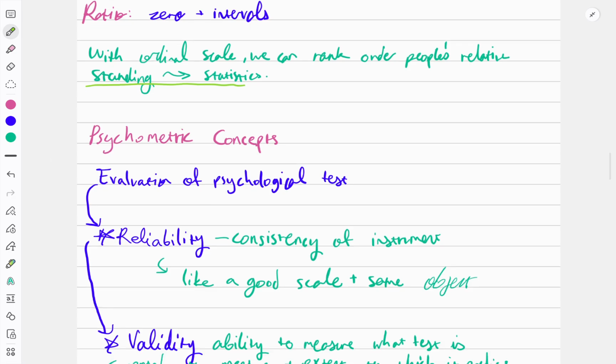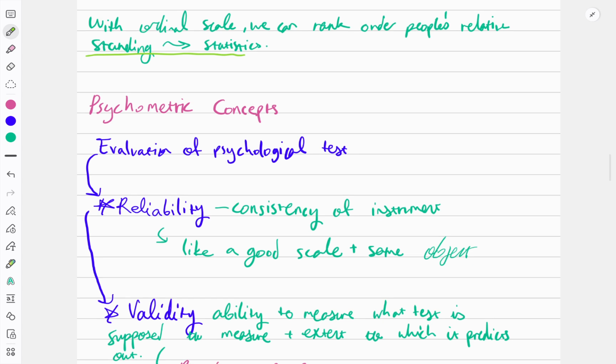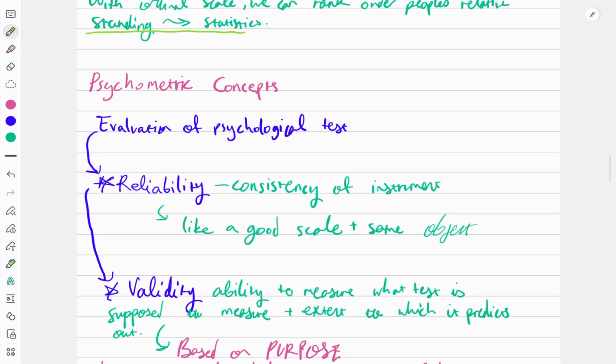So we have psychometric concepts, and they are used to evaluate the psychological tests. We have 2 concepts to evaluate psychological tests. First of all, we have reliability, then we have validity.